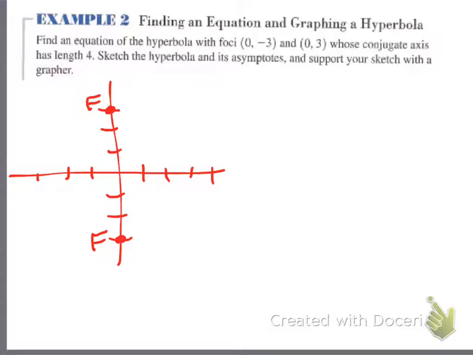Now, the conjugate axis has length 4. What that means, conjugate means like the minor axis. So when we have our hyperbola, our major axis is the y-axis.